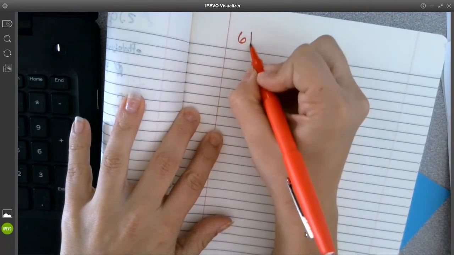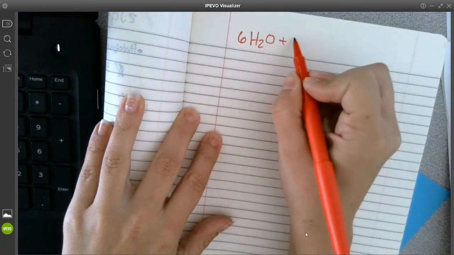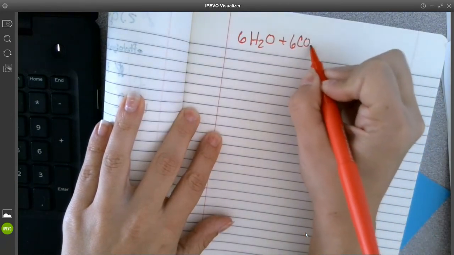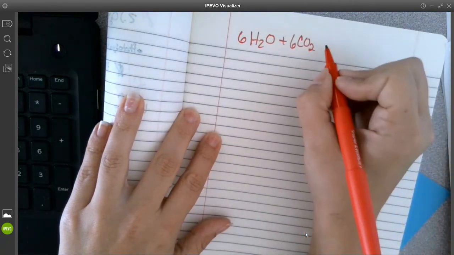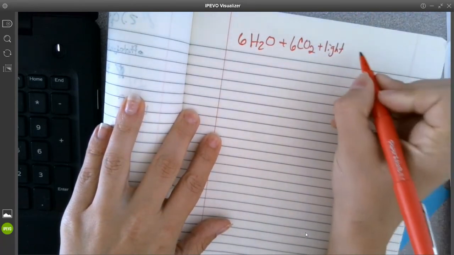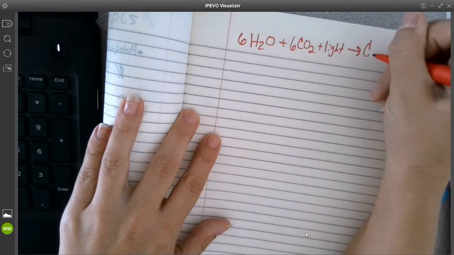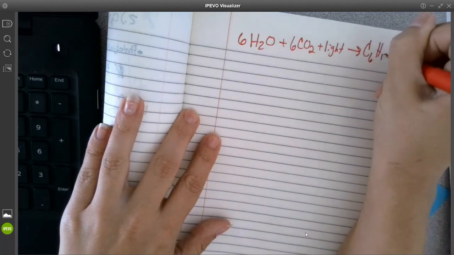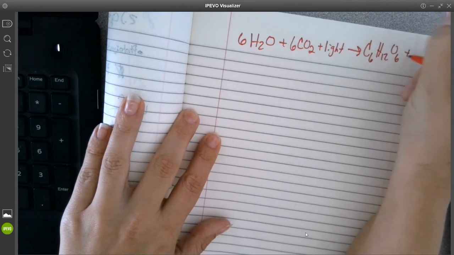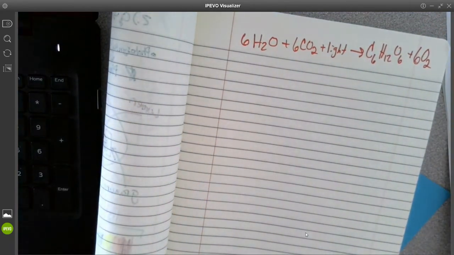We will have 6 molecules of water, H2O, plus 6 molecules of carbon dioxide, plus light, and that will produce our sugar, C6H12O6, and 6 molecules of oxygen.